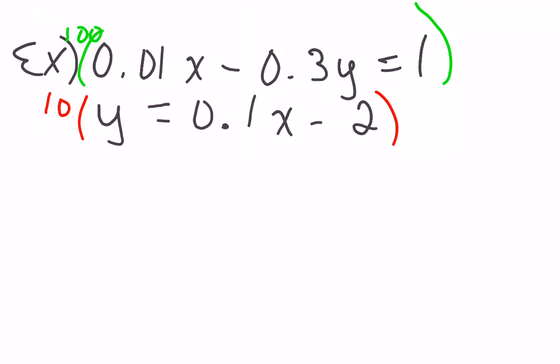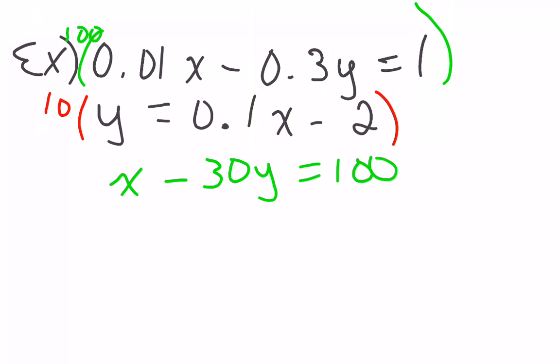Now, what does that look like? In this case, you can use a calculator. So 100 times 0.01 is 1x. And then 0.3 times 100 is 30y. And then 1 times 100 is 100.